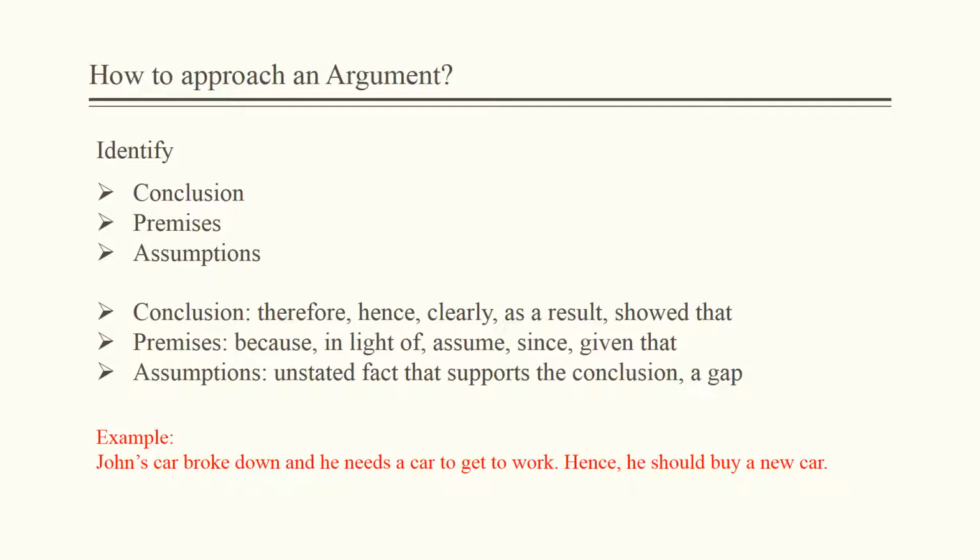This is the assumption that should be true in order for this argument to be true. And it's these assumptions that you will find out. You'll find out the missing gaps, and that's what you will use as the supporting examples for your agreeing or disagreeing to an argument.